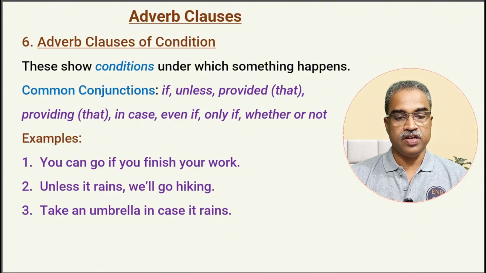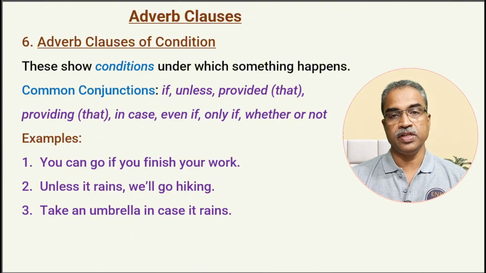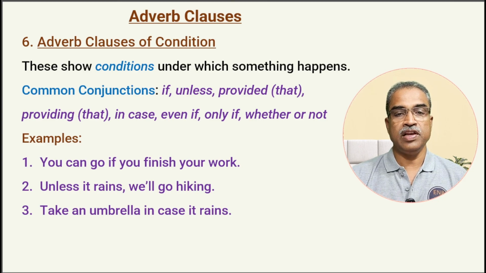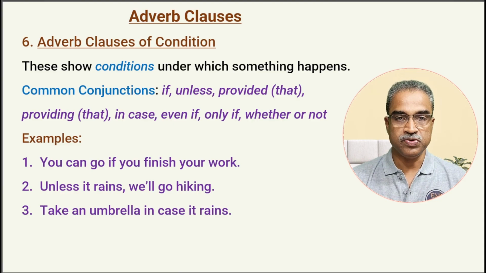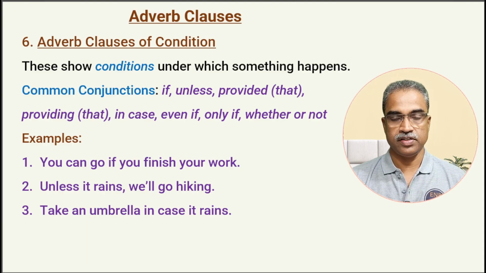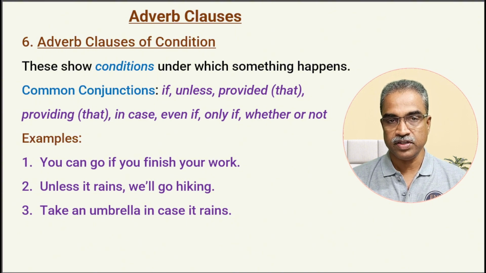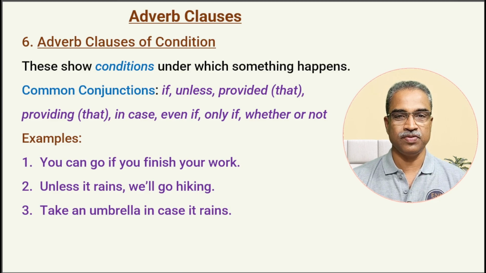Now these conditions show under which something happens. And the common conjunctions, we learned in conditional sentences. The most common word we used there was if. If or unless. Unless is equal to if not. That's the same meaning. If is affirmative, and unless has a negative connotation.